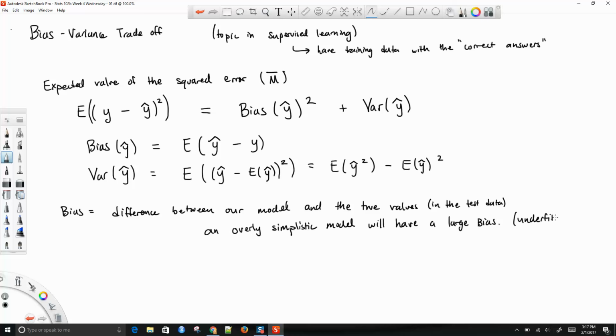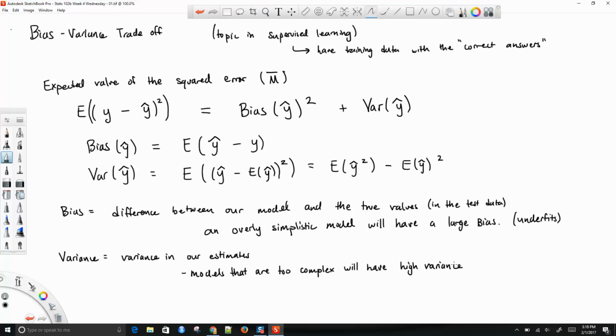On the other hand, we have our variance, which is the variance in our estimates. We can say models that are too complex have high variance, and this means it overfits our data.